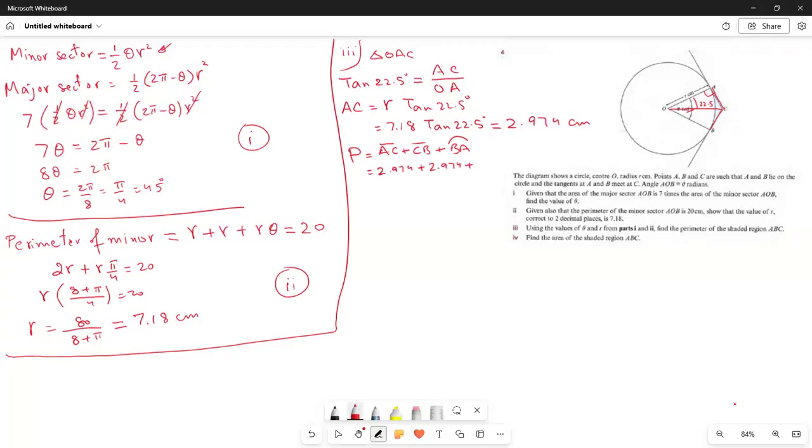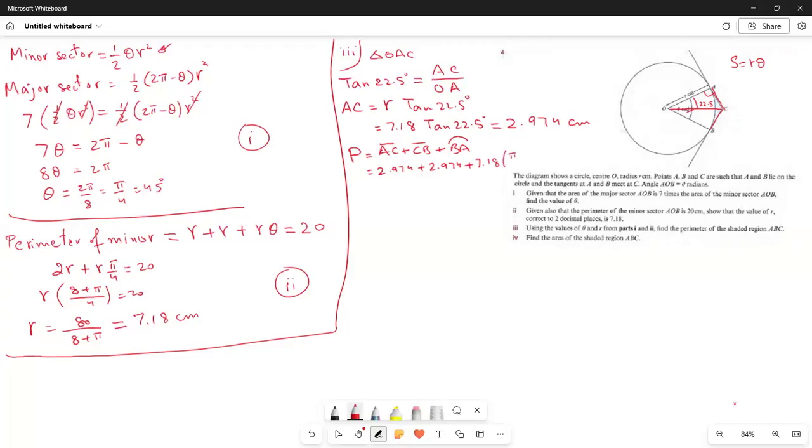You know the formula S is equal to R theta, so the arc length is R into theta. R is 7.18 and theta is 45 degrees, so pi by 4.